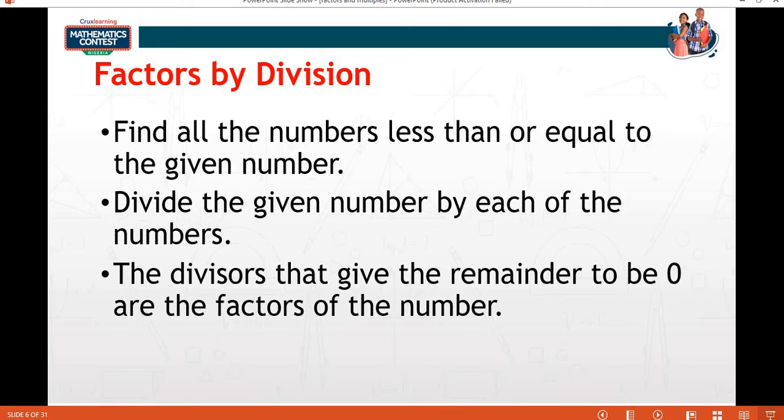As you're dividing, you take note of the ones with remainder and the ones with zero remainder. The ones with zero remainder become the factors of the given number.